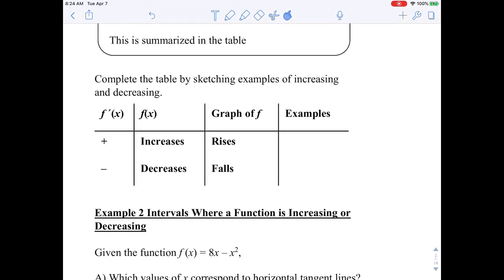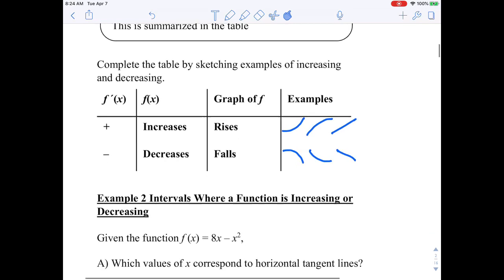When the first derivative is positive, our original function increases, the graph rises, and it could look like this, or like that, or it could be a straight line. When our first derivative is negative, our function decreases, the graph falls. It could look like that, or like this, or a straight line.